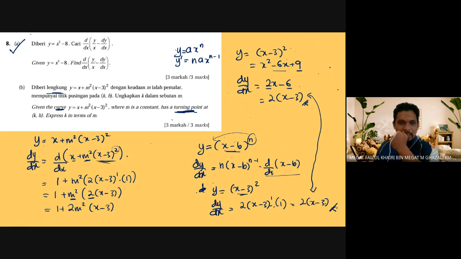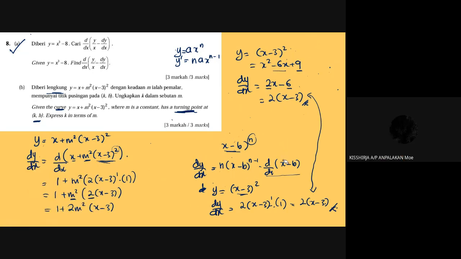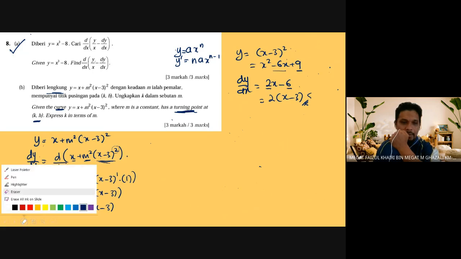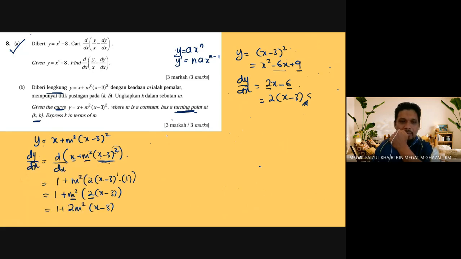Okay, so now the turning point is the point (k, h). Make dy/dx equal to 0 here. The turning point is (x, y), which is (h, k)... Oh, (k, h), not (h, k). Refer to the question, it is (k, h), sorry. So we only have this dy/dx, and then we have x here, we don't have any y.